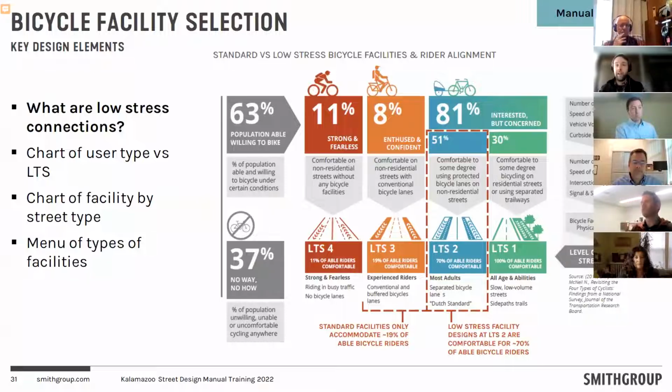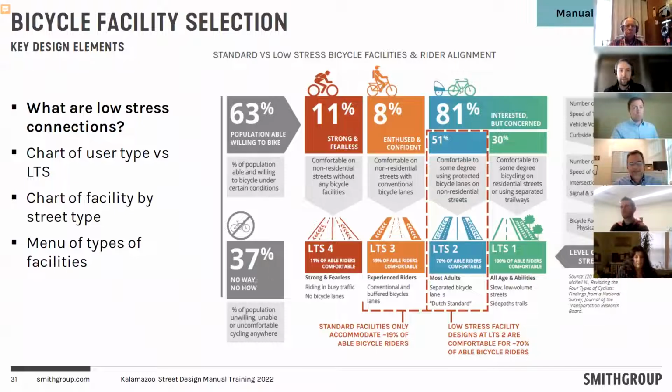And based on that, what kinds of facilities might be called for in order to create a safe and accessible connection for people. This chart, there's a lot going on. It's kind of busy. I think this is a good one informationally to be aware of, though.